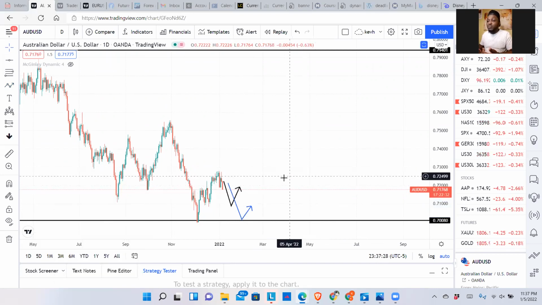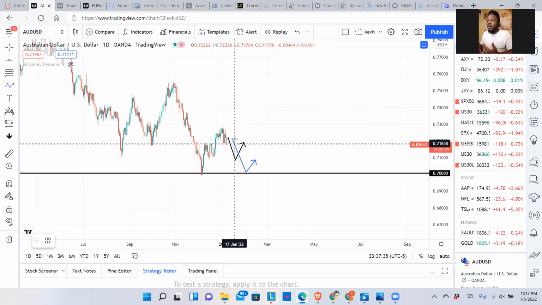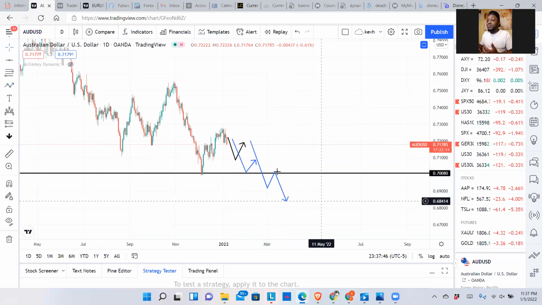At this point, I'm already forming an opinion of what I personally kind of want to see. Or we may have this market do all this, maybe reject here and all that, or come down here, give us the retest, and then continue to push down.